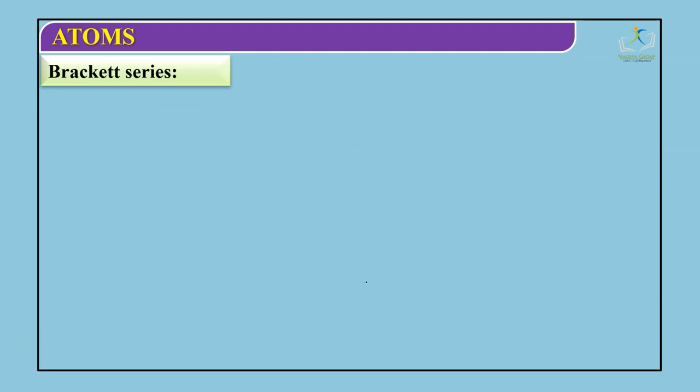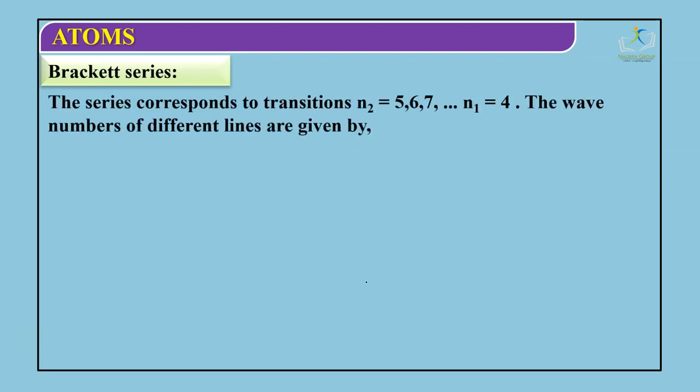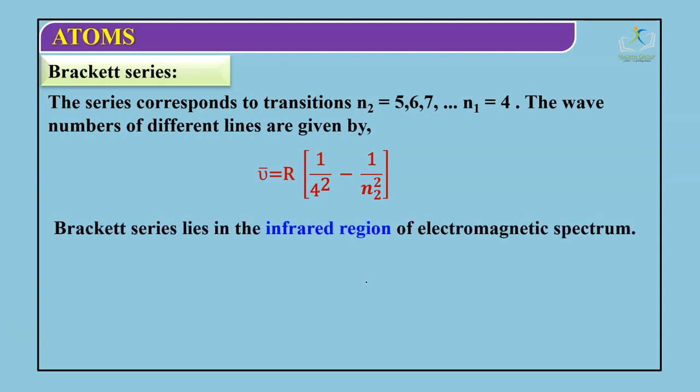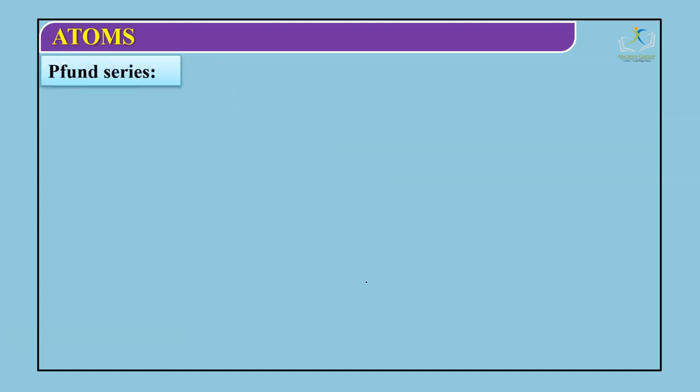Similarly, we have the Brackett series. This series corresponds to the transition n2 equal to 5, 6, 7 up to infinite, whereas n1 is 4. The wave number of the different lines is given by nu bar equals R times 1 by 4 square minus 1 by n2 square. Brackett series lies in the infrared region of the electromagnetic spectrum. Similarly, we have the Pfund series.